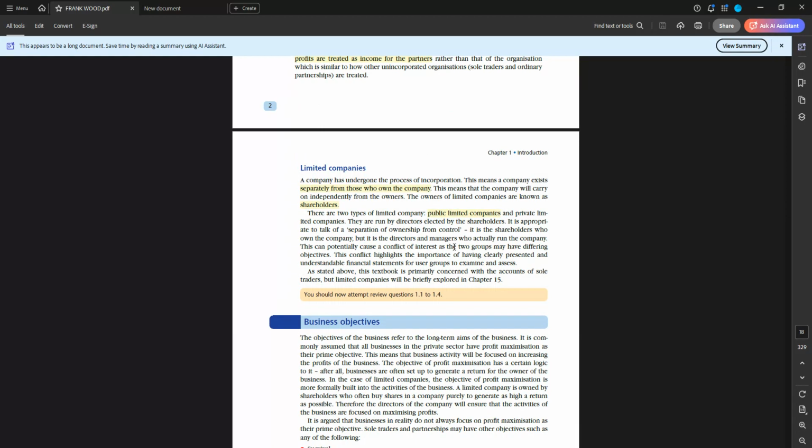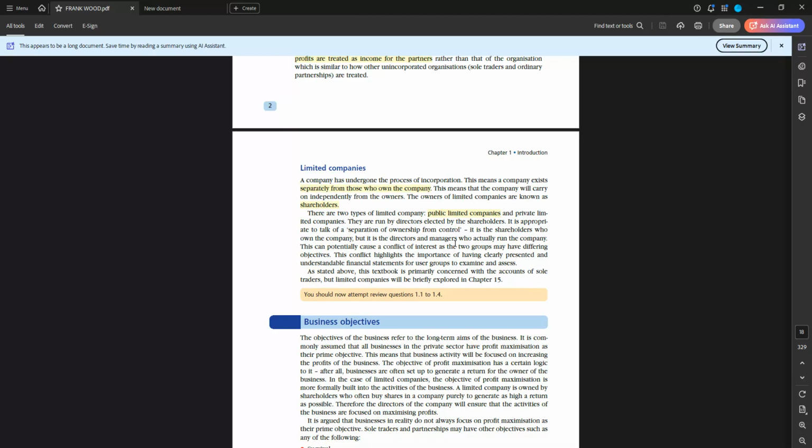After that, you have the limited company. A company has undergone the process of incorporation. This means that the company exists separately from those who own it. So that is normally the better way to go. You will have your memorandum of association and articles of association.